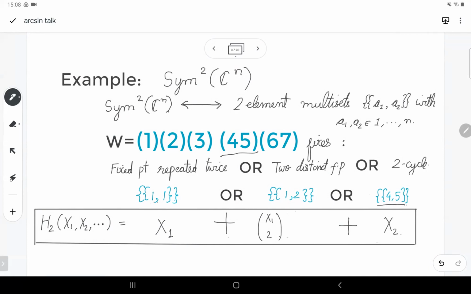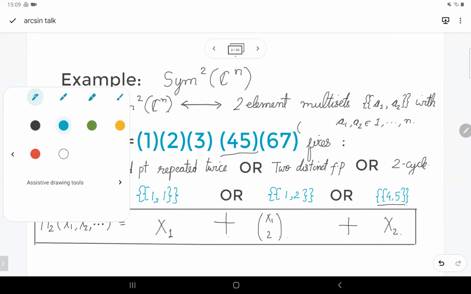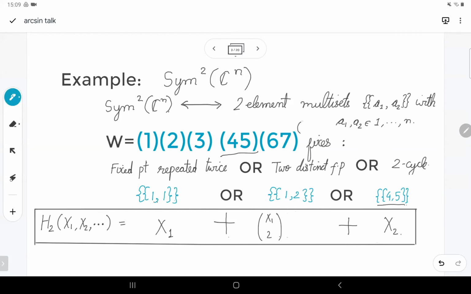And if we have a 3 cycle in place of that, what will happen? Well, a 3 cycle wouldn't be fixed. So suppose we change the W and we have a 3 cycle. So let's add a 3 cycle here. So we can add 8, 9, 10. But we could not form a multiset which would be fixed in this way.